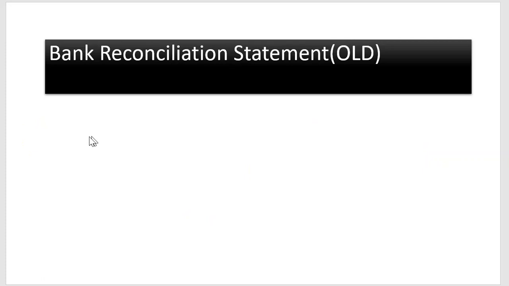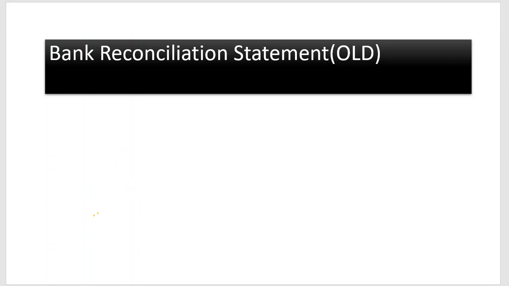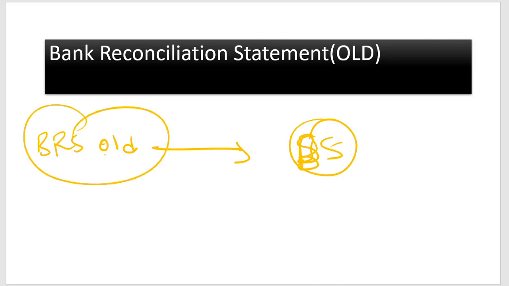Bank reconciliation statement, the old one. This one is very easy as well. This one was actually prepared last year, but it also appears now in the question. They usually ask this always. The only thing that you must do about this BRS old is compare it to the BS that you are given.